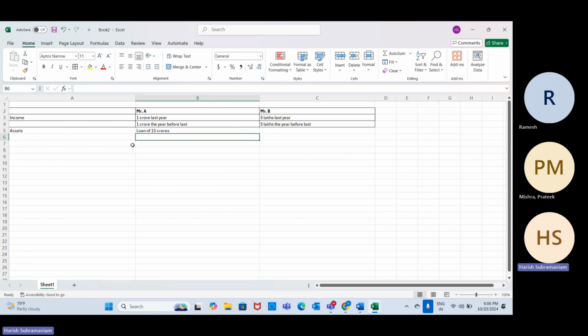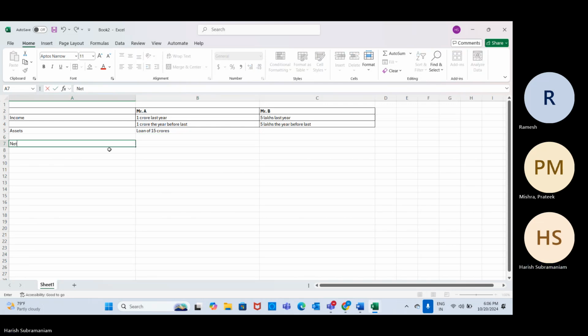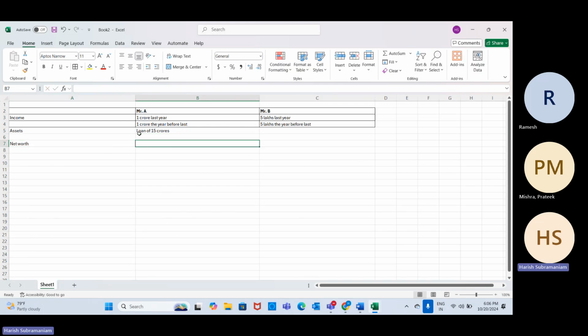And therefore, Mr. A's net worth, just considering the end of the year, is minus 15 crore and then this 2 crore of income. Okay, he doesn't have anything else. For the purposes of discussion, he doesn't have anything else.